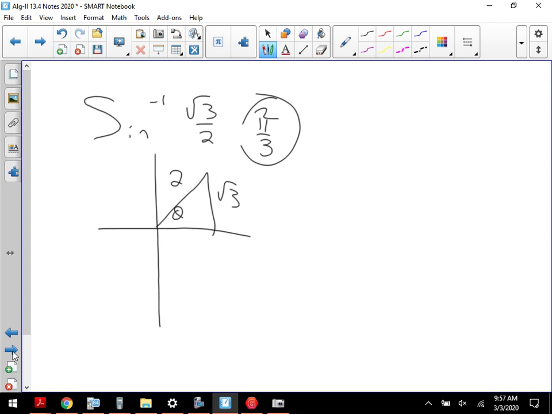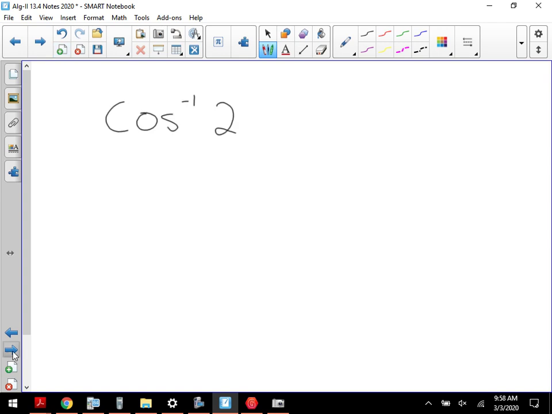Okay. Cosine. What angle has a cosine of 2? What's cosine bounded by? Don't lean on your chair, please.